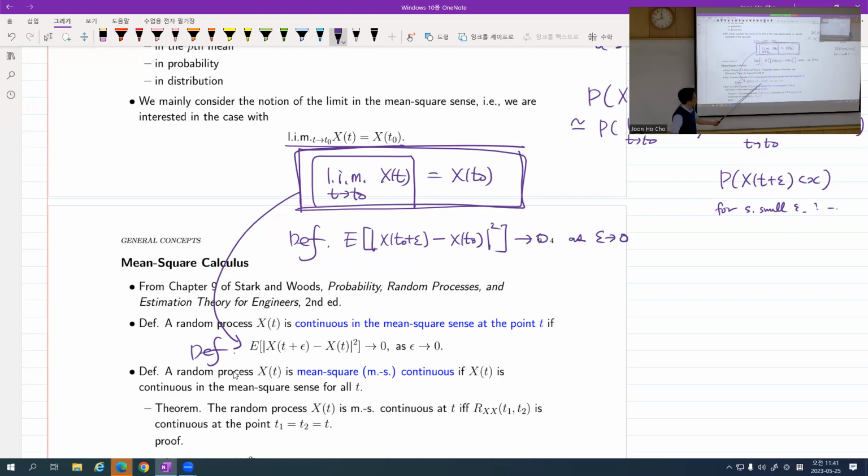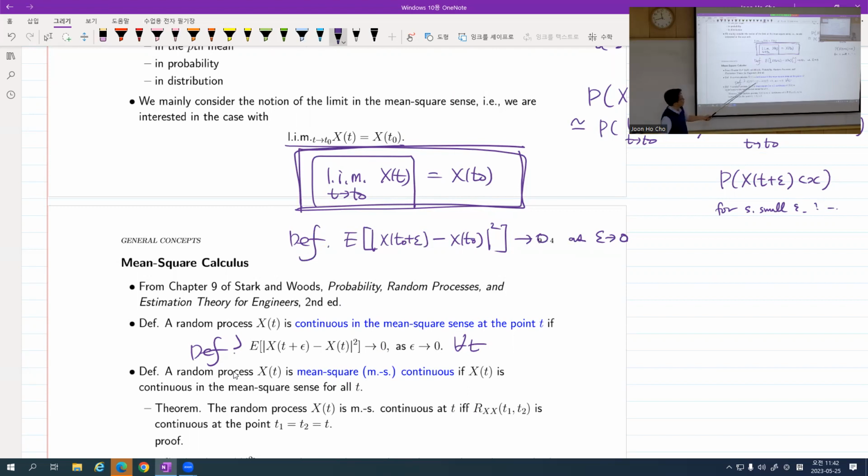What about this? If this holds for all t, then the random process is continuous for all t in the mean square sense. Ready? So now you understand why I spent so much time to introduce or motivate the convergence of a sequence of random variables, right?